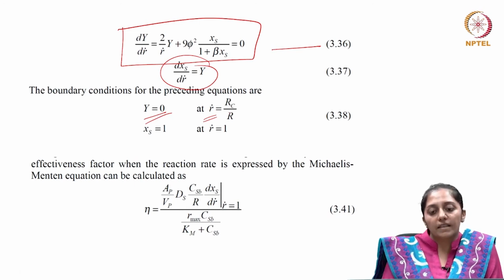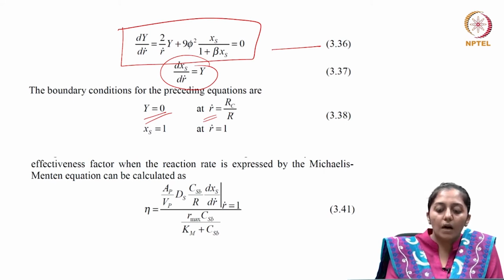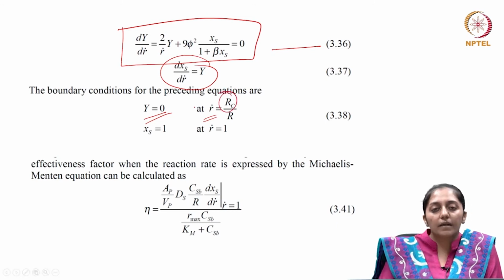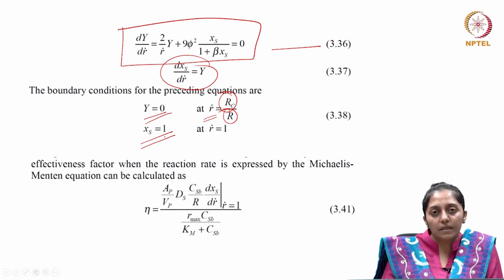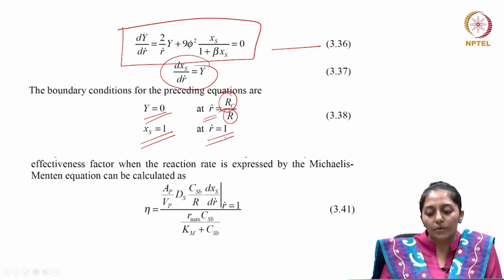Let us assume that there is a critical radius beyond which the substrate is not able to diffuse in, so it is bounded. Your R dot in that case becomes Rc, the critical radius, by the total radius of the pellet. At the surface, where Xs is equal to 1, which means the substrate concentration is equal to the bulk concentration, the R dot value is 1.